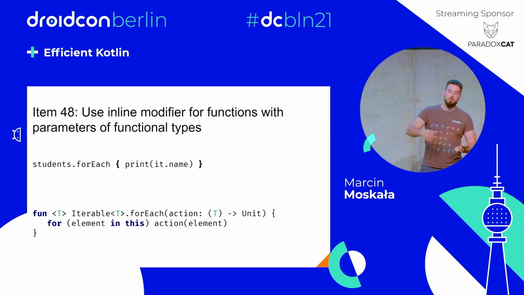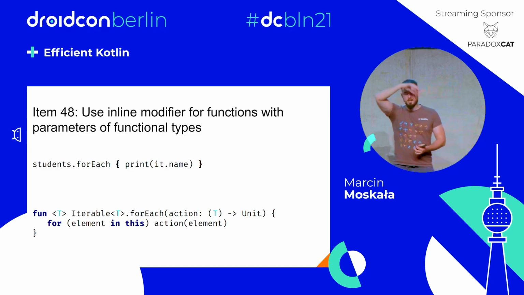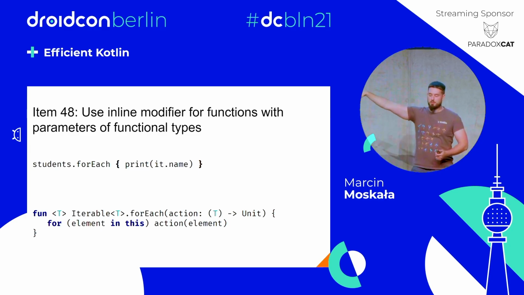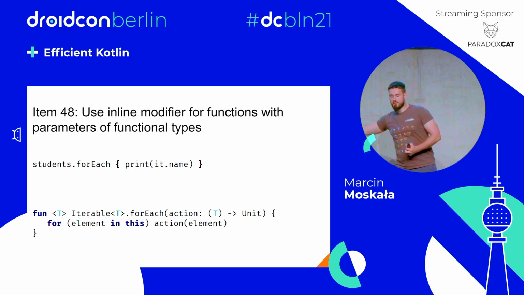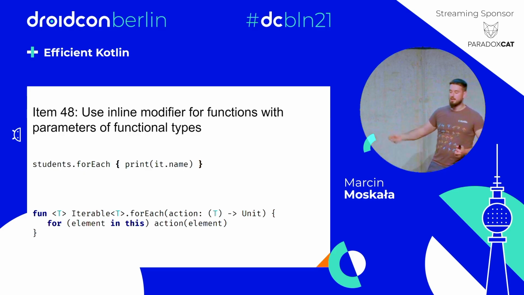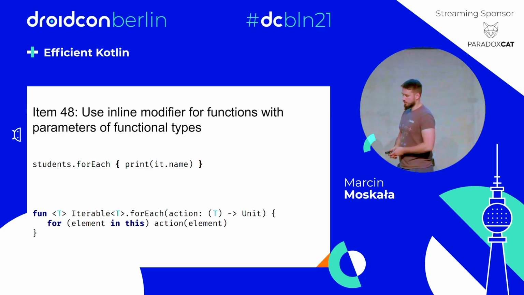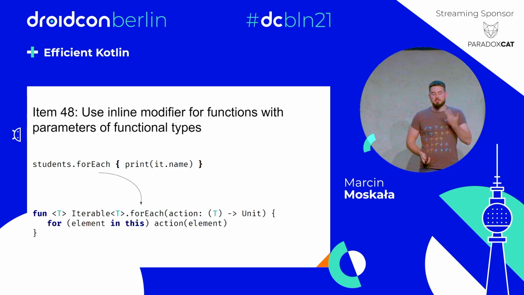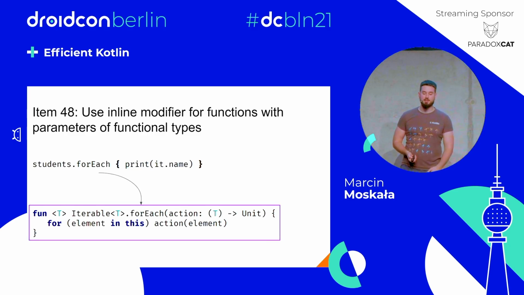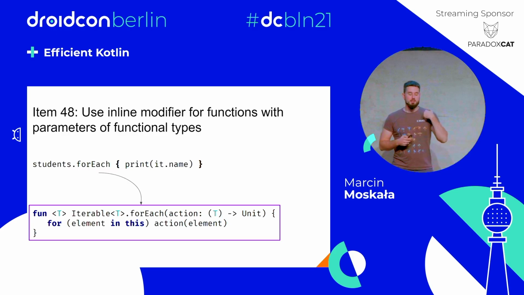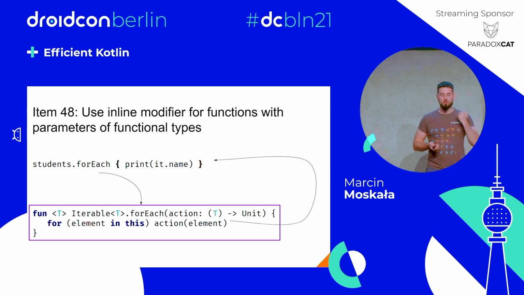You need to put your address on the stack. On the stack, you need to jump into the function with the execution. Once the function is back, you need to take the address from the stack and go back. You need also to store your local state, etc. So it's a very cheap thing, but still costs something. It's not a problem if this is a single function call, but in here, notice that we call action, which is also calling a function.